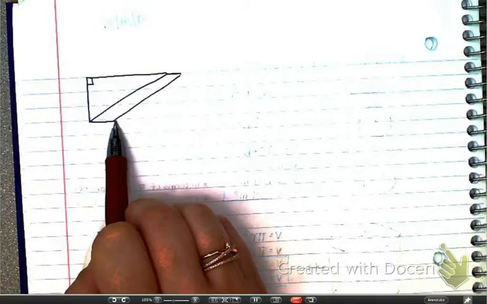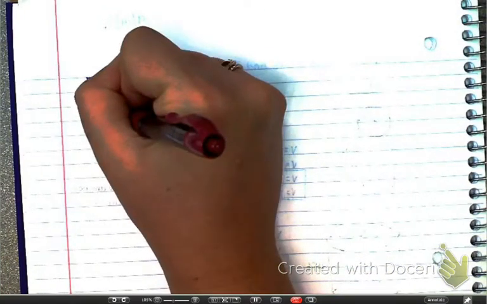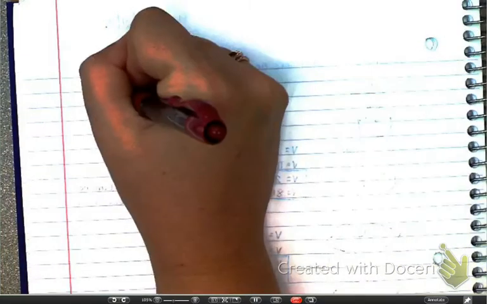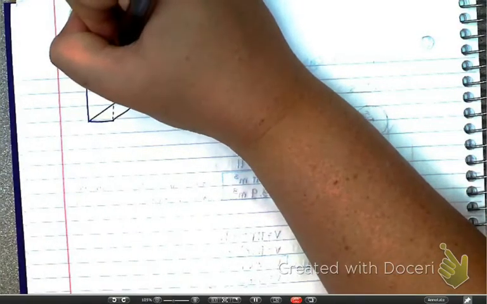From this corner here, we're going to make it 3D. So from this corner here, we're going to just do a dotted line up, not all the way. From my right angle, I'm going to do a dotted line to that corner there.